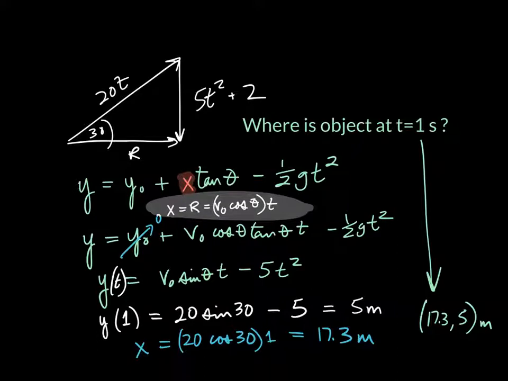So we got the time from our regular analysis. We have the range at a particular time, so the x-coordinate is the range at that time. So just kind of understanding what we're writing here. And our vertical height at that time by using this position equation for the y direction, which had in it embedded the x position as well.